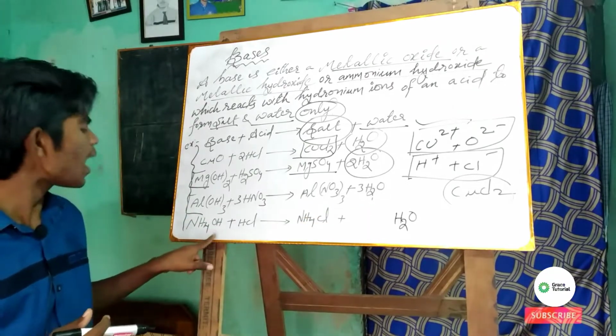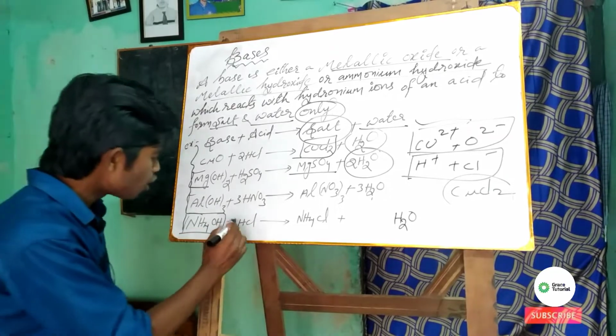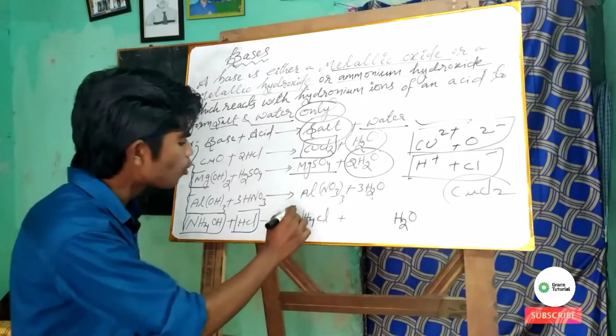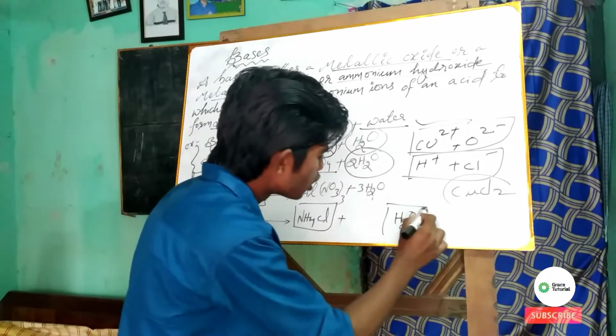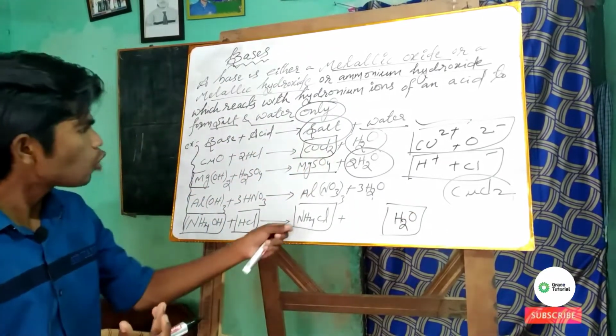Similarly, we have ammonium hydroxide. When this ammonium hydroxide, NH4OH, reacts with HCl, it gives ammonium chloride with the water molecule. That means the water molecule is obtained here along with the salt.